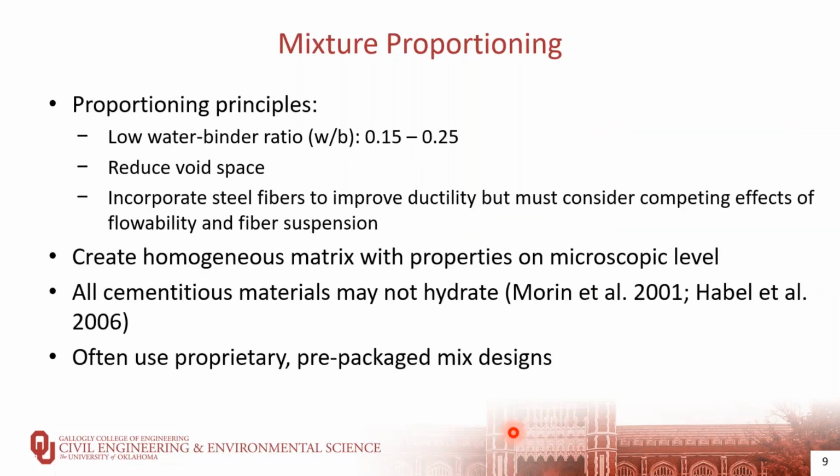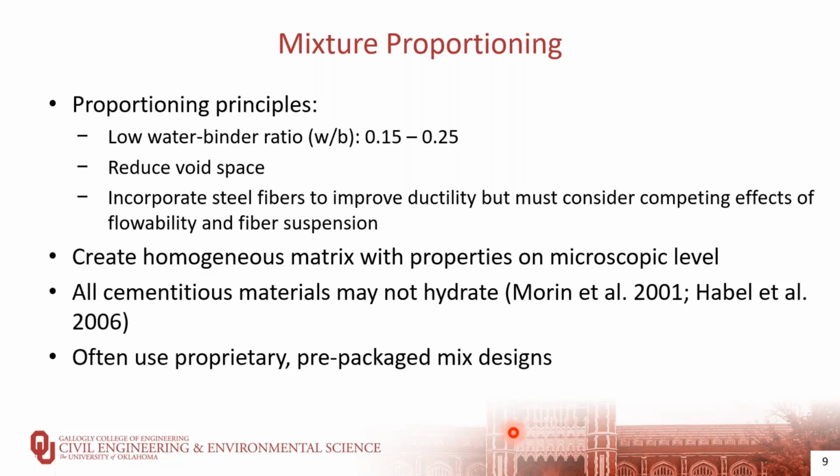In terms of mixture proportioning, there's a low water to binder ratio of about 0.15 to 0.25. Attempts to reduce the void space within the mixture, and we'll talk more about how to do that later on. And then to incorporate steel fibers to improve that ductility, but also to consider the effects of adequate flowability and fiber suspension. So balancing the flow, but having a high enough viscosity that the fibers are suspended in the matrix.